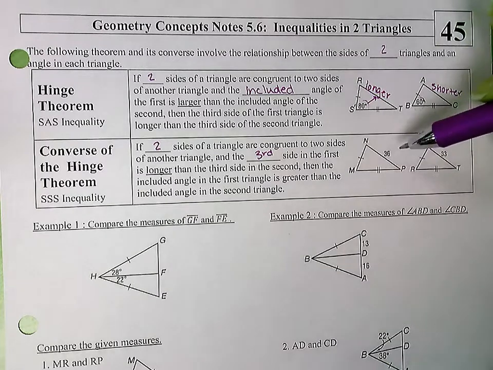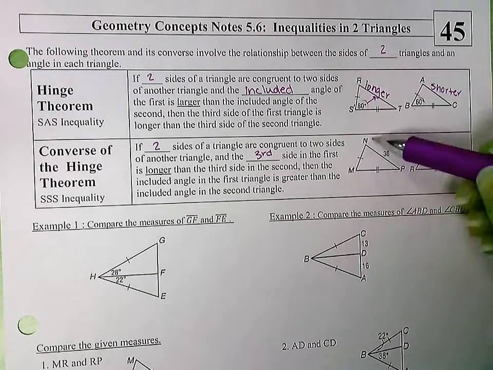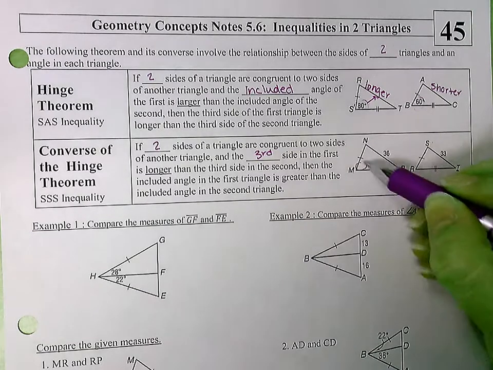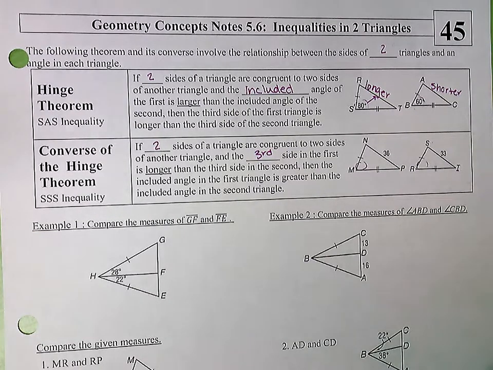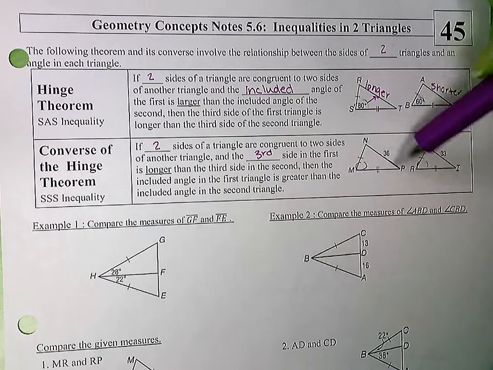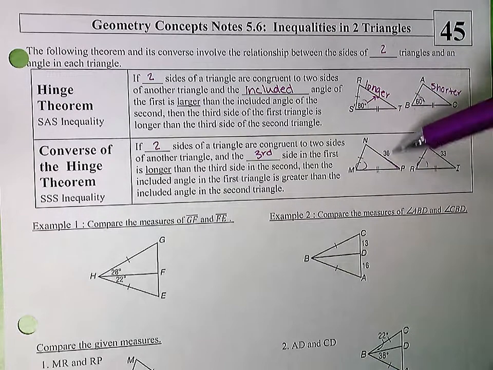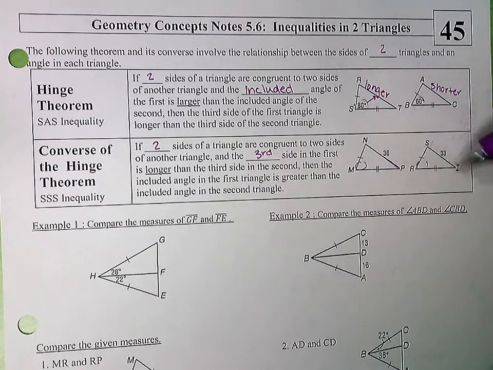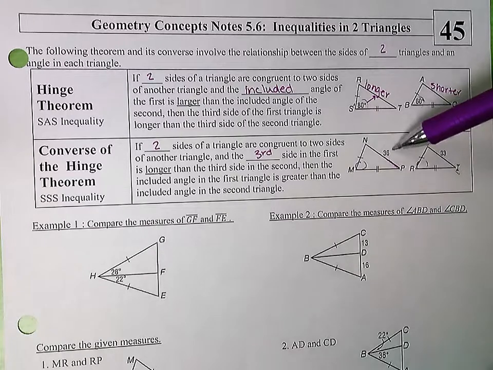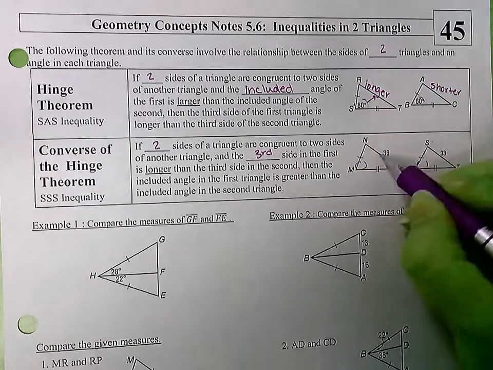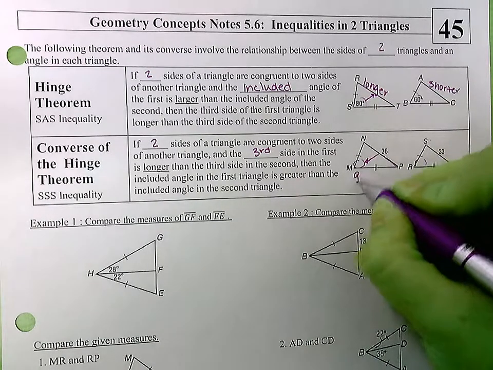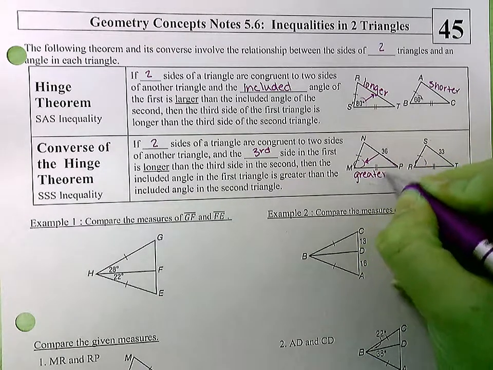So if I look at my picture here, I have my two congruent sides. Okay, we're looking at these included angles. So I'm going to look at the side opposite that. So side NP here is 36, and side ST is 33. Okay, so NP is your greater side, so that included angle across from it is your greater angle.